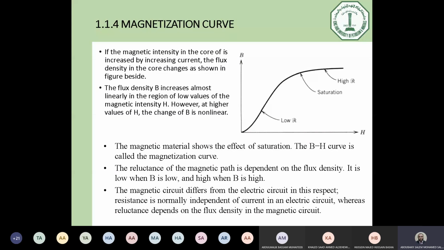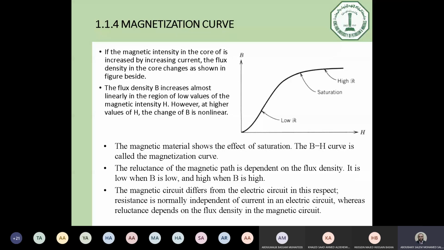Actually, if we reach saturation and work with values of high reluctance, we face a lot of problems in the machines because of something called harmonics. It makes a lot of harmonics in machines if we work at a very high value of reluctance after the saturation curve.